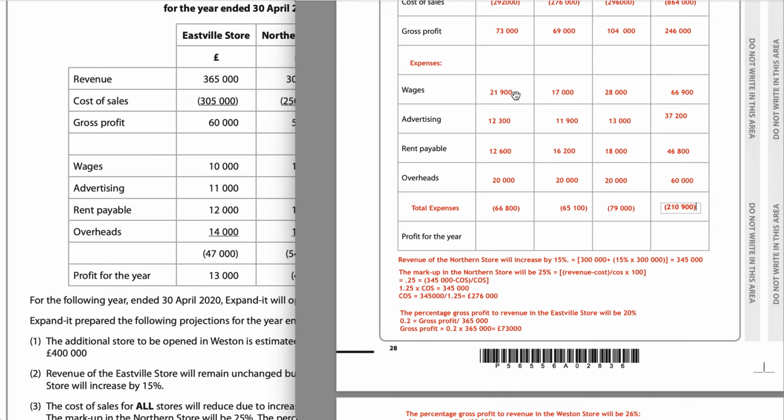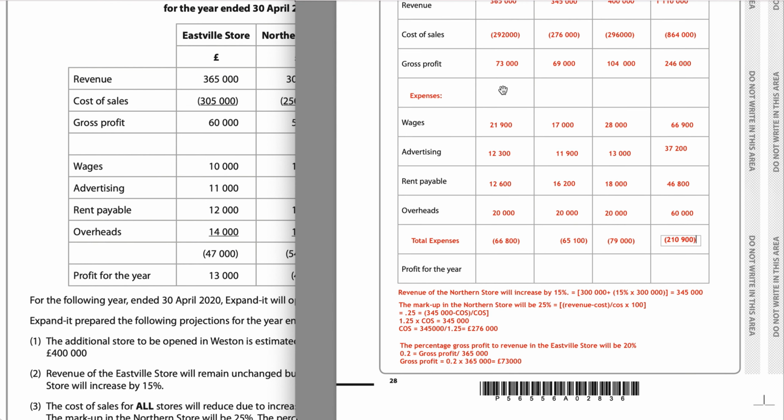Now let's calculate the profit for the year. It is 73,000 minus 66,800, which is 6,200.